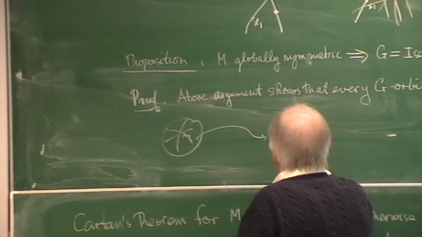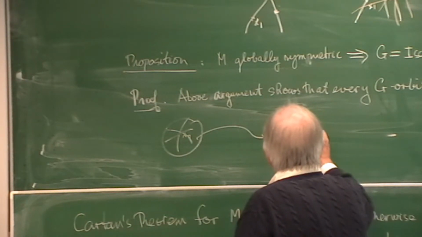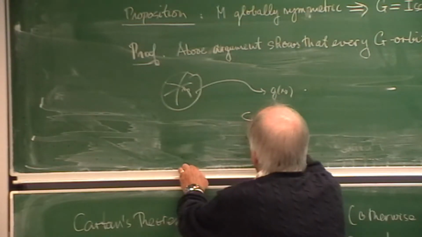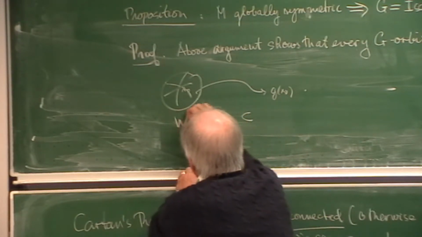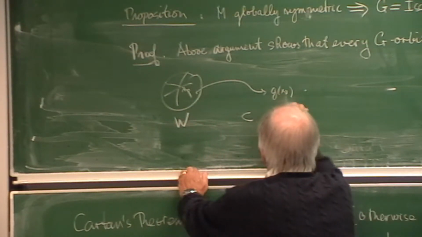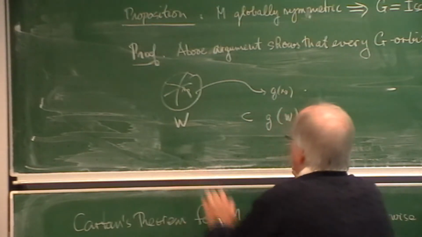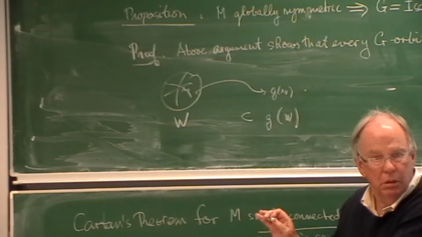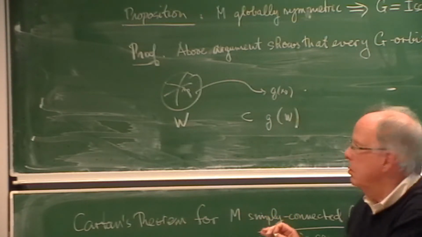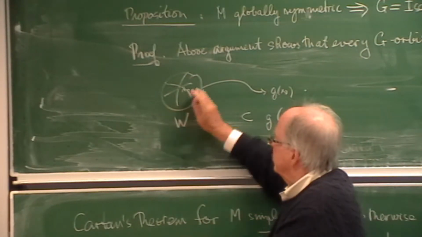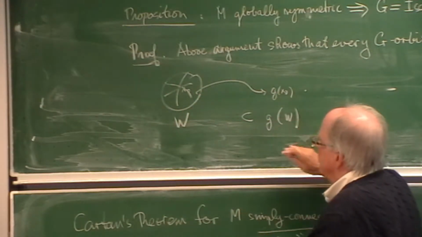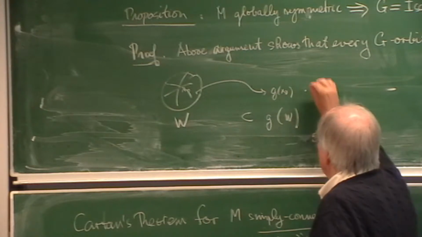Well, this is a point, but let's say this is the neighborhood W, it's contained in G of W. I just pushed over this thing in the orbit. All of these points are in this orbit, so every pushover by G is in this orbit. So that shows that it's open.